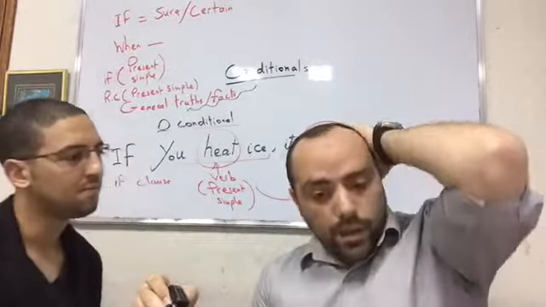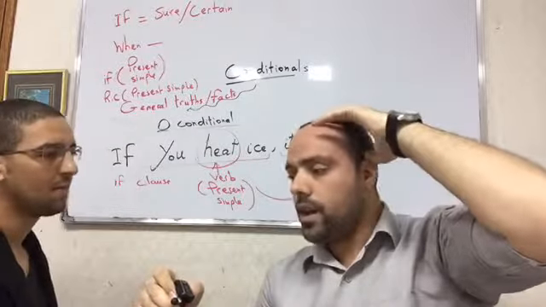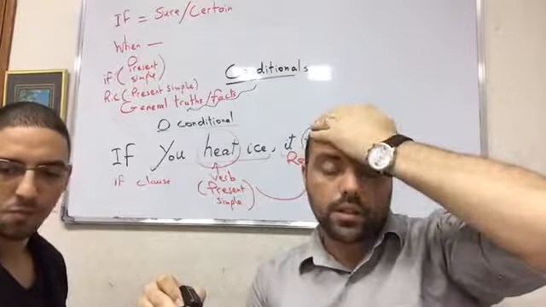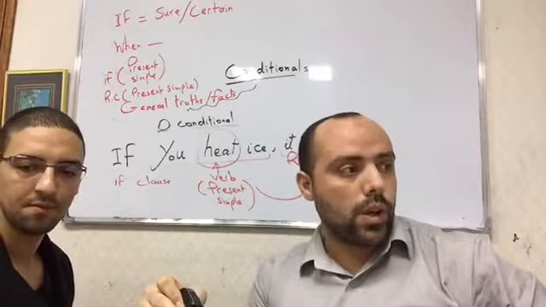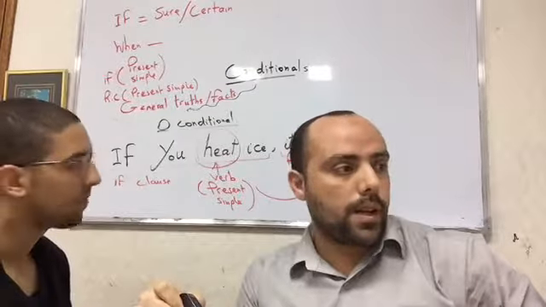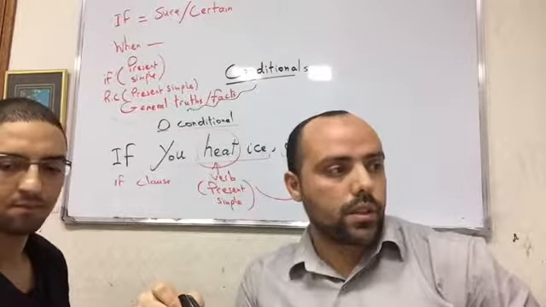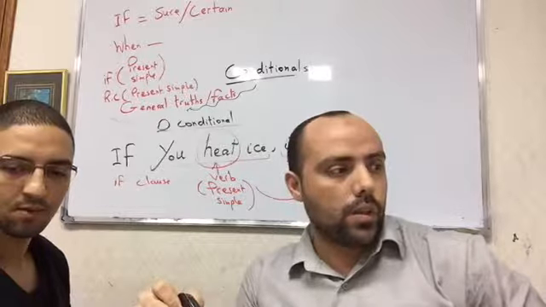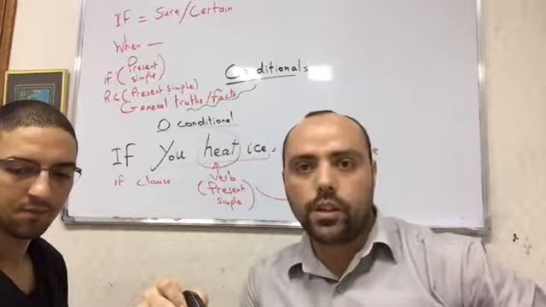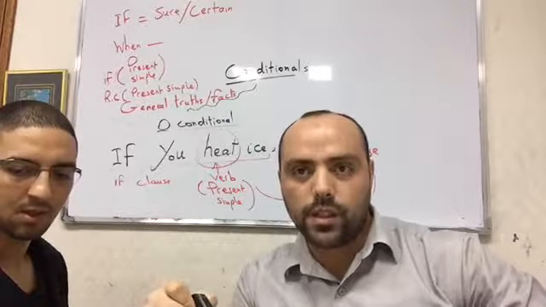Completing the point that Hani raises here, you're going to use the first if conditionals according to what the condition refers to. If it refers to a future action, you can use the present simple. If it refers to an action which is going on right now, you can use the present continuous tense.